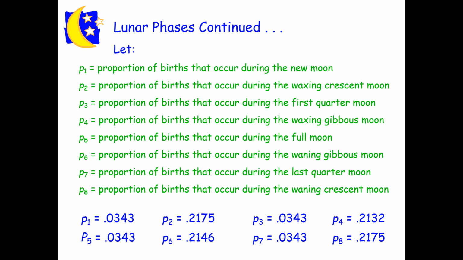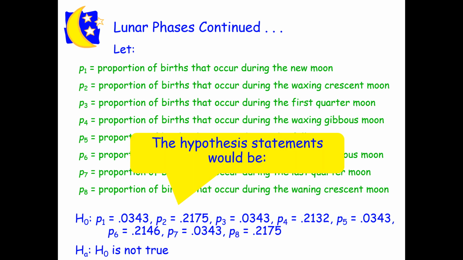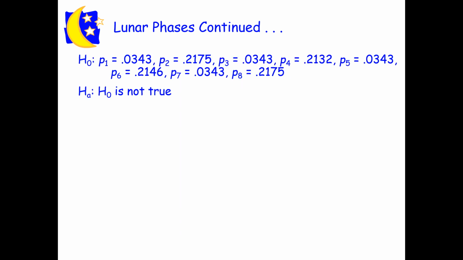So what would our hypothesis statements look like? Our H sub naught, or our null hypothesis, is that P1, P2, P3, all the way to P8 equal these values. And our alternative hypothesis would be that our null hypothesis is not true. So let's go ahead and put up our hypotheses.